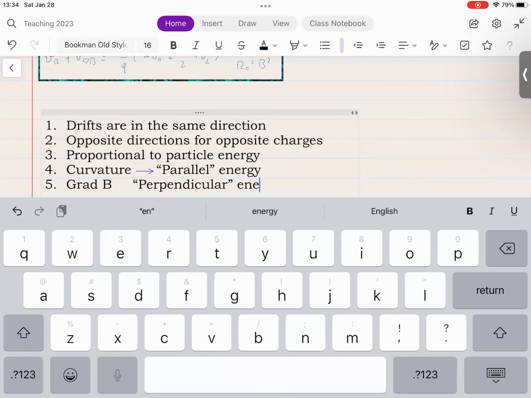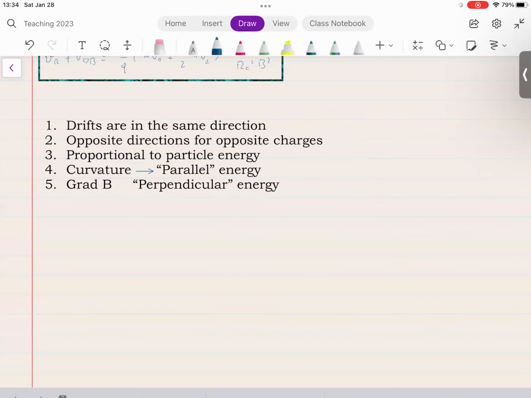Perpendicular energy. Now, we, of course, very well know that energy is a scalar. There is no such thing as the parallel energy or the perpendicular energy. What I mean by those expressions is a little bit of shorthand to say this is the energy associated with the parallel velocity of the particle with respect to the magnetic field, or the perpendicular velocity of the particle with respect to the magnetic field.